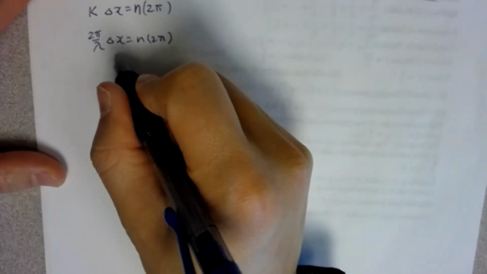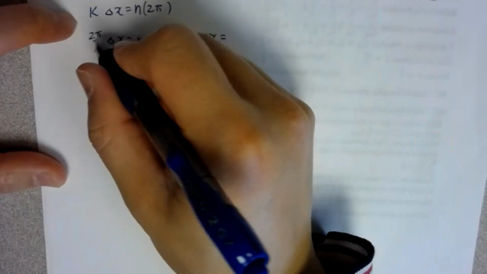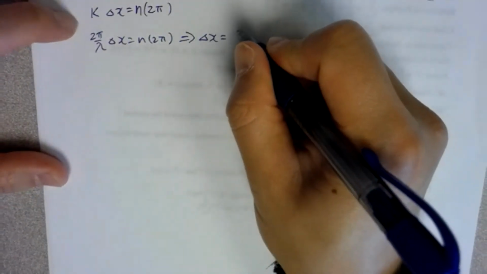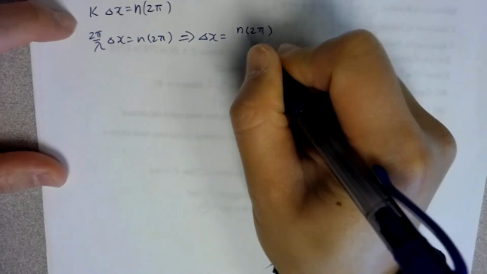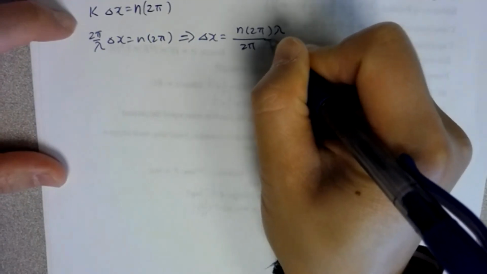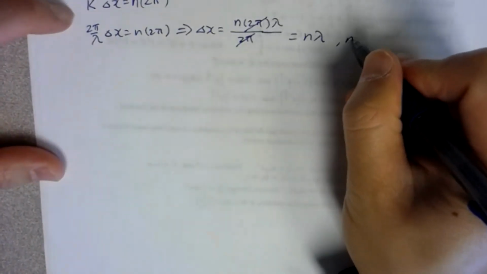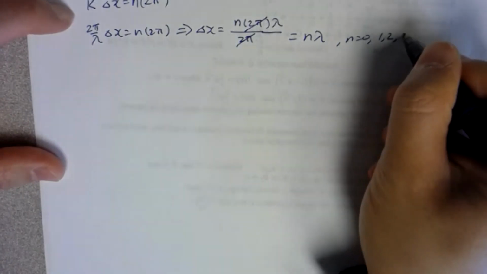So delta x is equal to n times 2 pi divided by 2 pi over lambda. We multiply by lambda, the 2 pi's cancel, and the path difference should be equal to n times lambda, where n could be 0, 1, 2, 3, etc. When that happens, peak and peak will add up, or valley and valley will intensify in the negative direction.